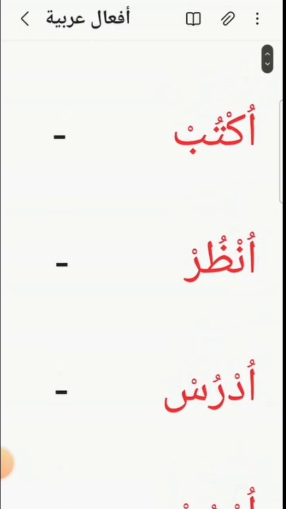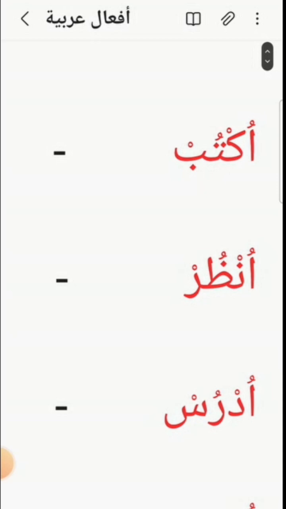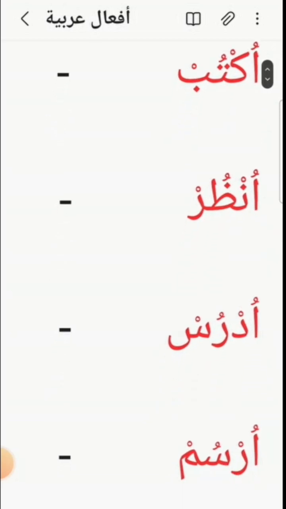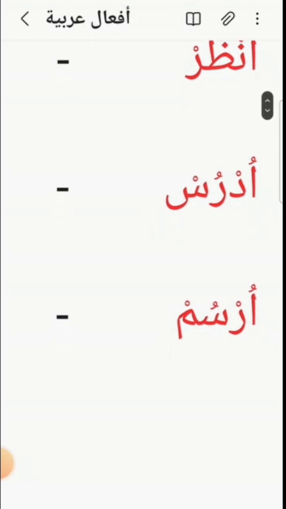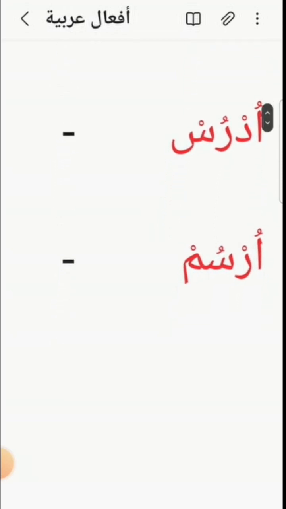So if you look at the first one there, it's uktub. And the second one, انظر. Then we have ادرس. And ارسم at the bottom there.